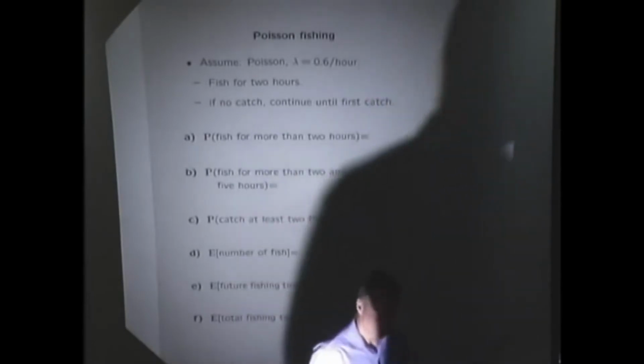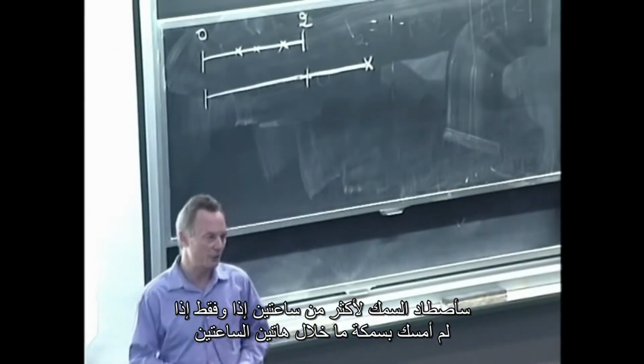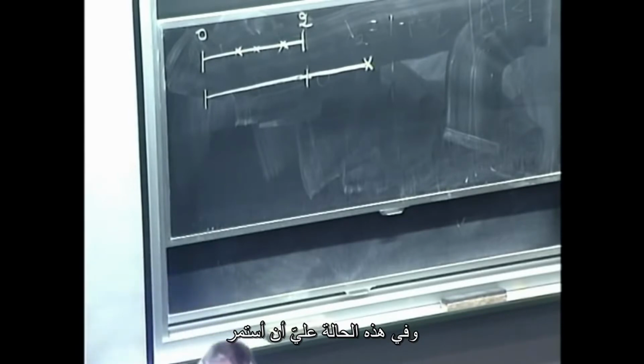What is the probability that I'm going to be fishing for more than 2 hours? I will be fishing for more than 2 hours if and only if no fish were caught during those 2 hours, in which case I will have to continue. Therefore, this is just the probability of catching 0 fish in the next 2 hours.